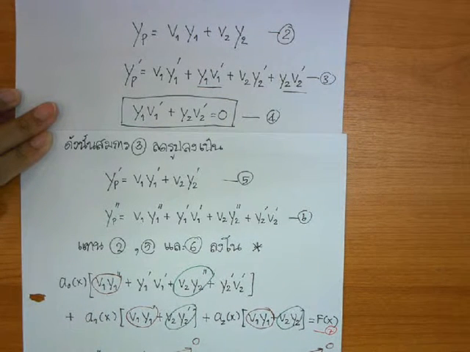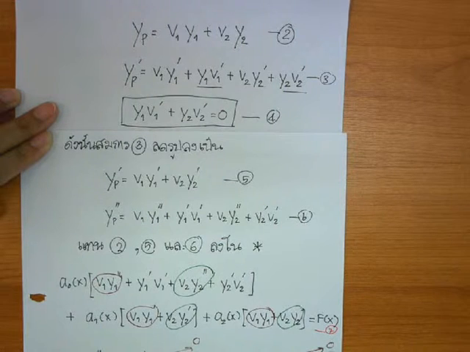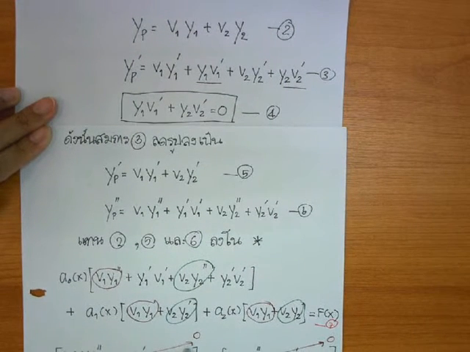The term in parentheses is equal to 0, because y1 is the answer of the homogeneous differential equation. So it's equal to 0.